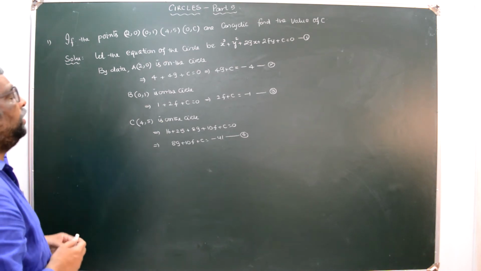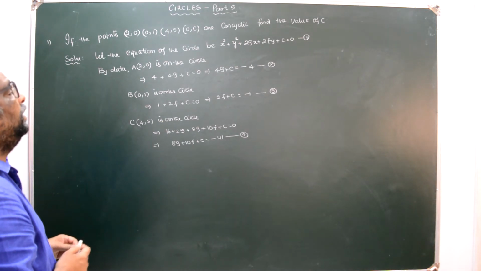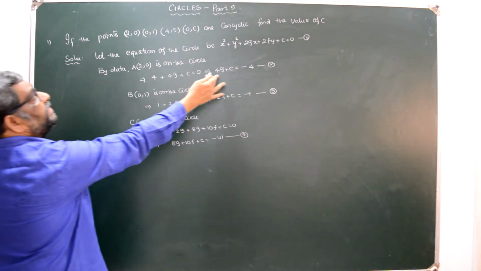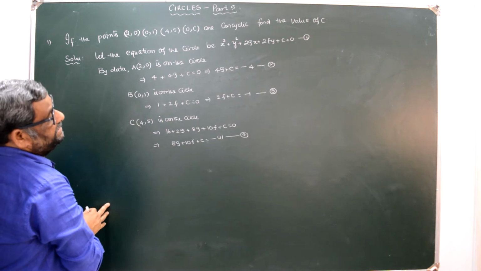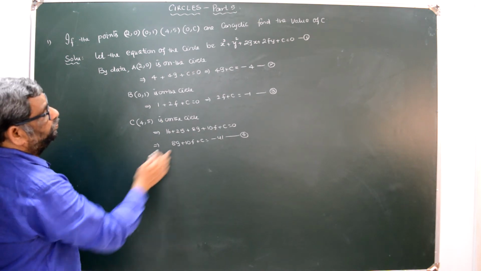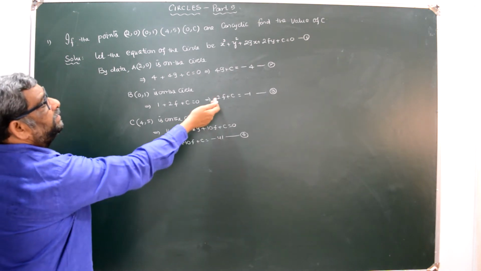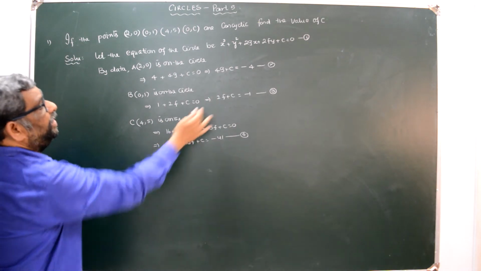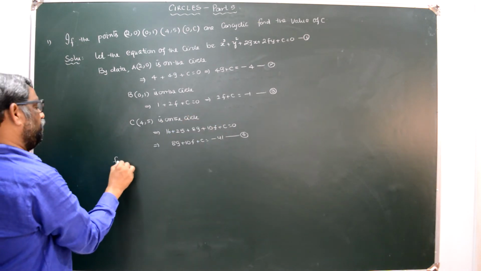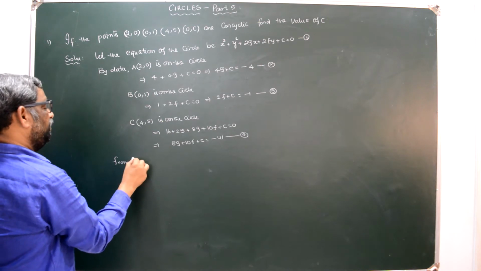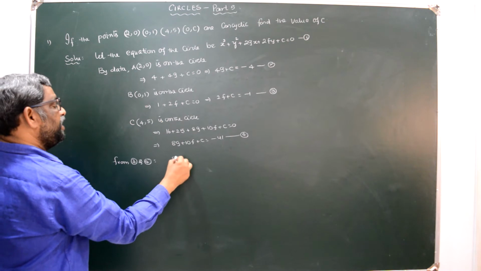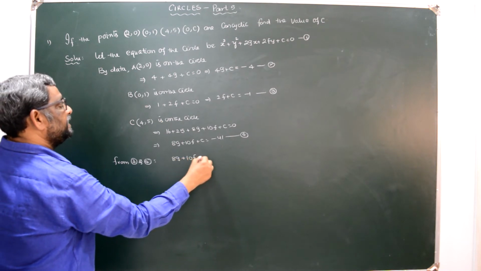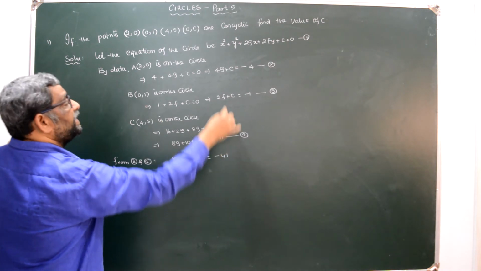Now 3 equations are there. We will take these 2 equations, 3 and 4. From 3 and 4, this is 8g plus 10f plus c is equal to minus 41.